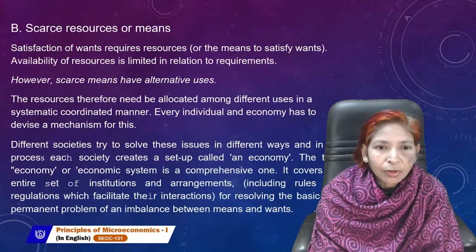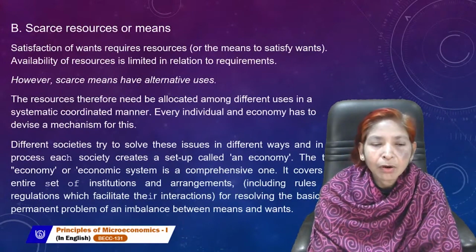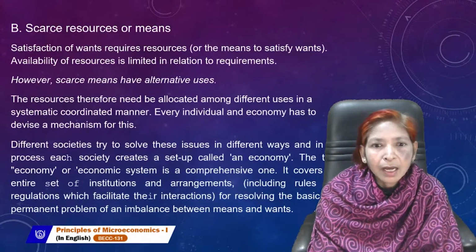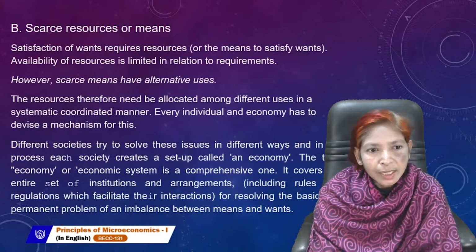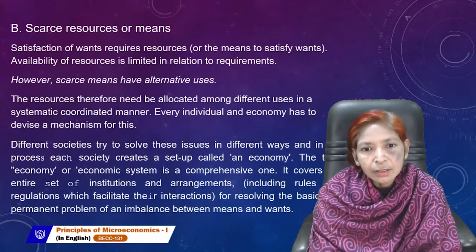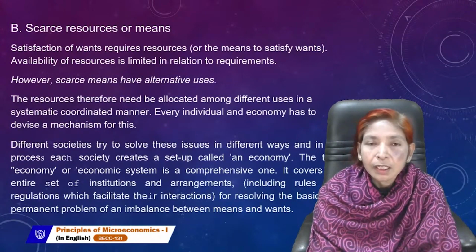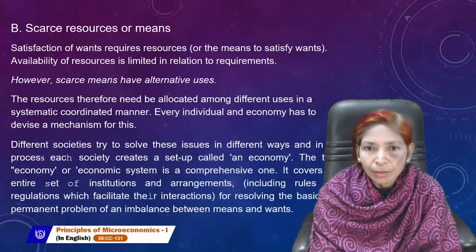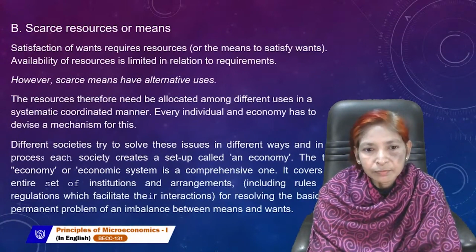The resources therefore need to be allocated among different uses in a systematic, coordinated manner. Every individual and economy has to devise a mechanism for this. Different societies try to solve these issues in different ways, and in the process, each society creates a setup which is called an economy. The term economy and economic system is a comprehensive one.